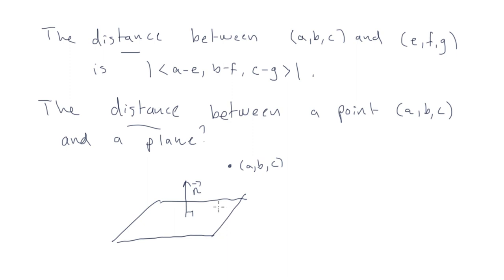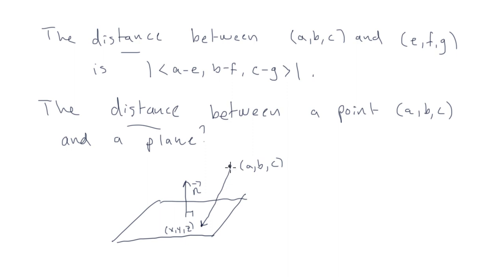What do I mean by the distance between this point and this plane? Well, if I take a point in the plane, say x, y, z, and I draw this vector, okay, so this is going to be a distance, but it may not be the shortest distance.